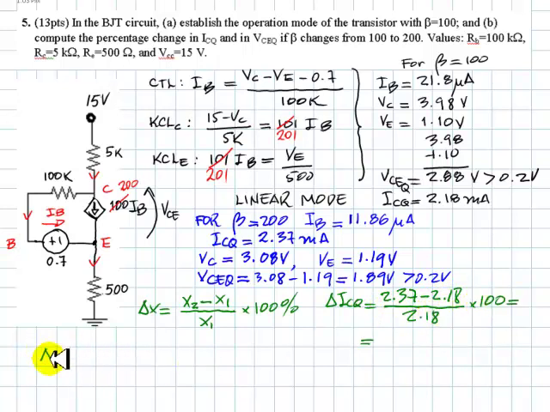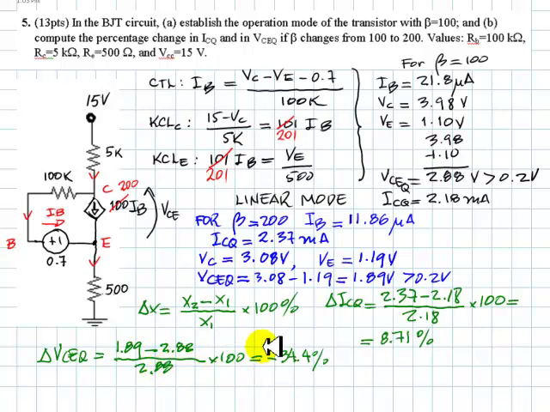Here I will compute VCEQ percentual variation, which will be the new 1.89 minus the old one, 2.88, divided by the old one, 2.88, times 100. So the percentual change in the collector current is 8.7%, and for the VCEQ is negative 34%.